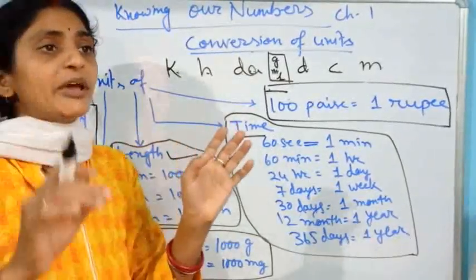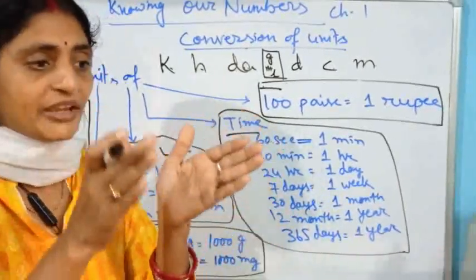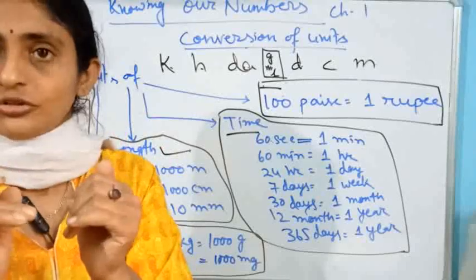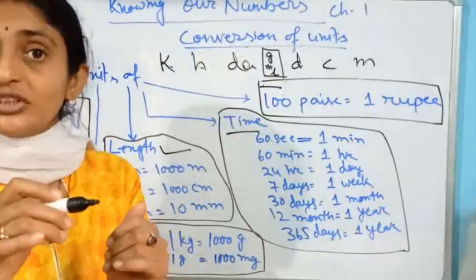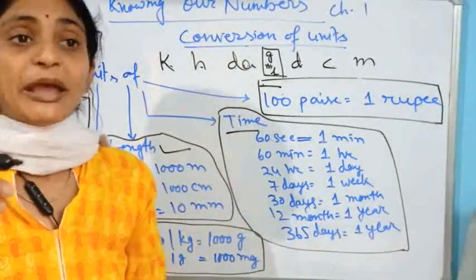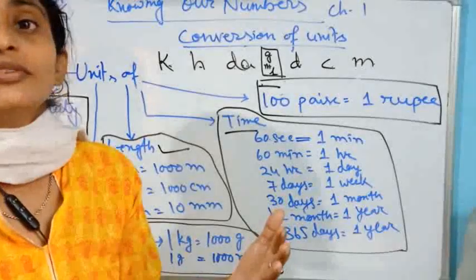But if your parents are bringing groceries, suppose let us take a sugar packet. Have you noticed what has been written over there? Kilogram, like 1 kilogram, 2 kilogram. Like that packet of rice, have you ever noticed? It can be 25 kilogram.